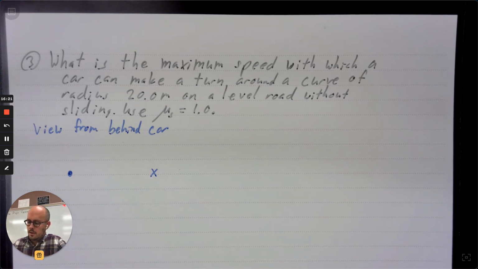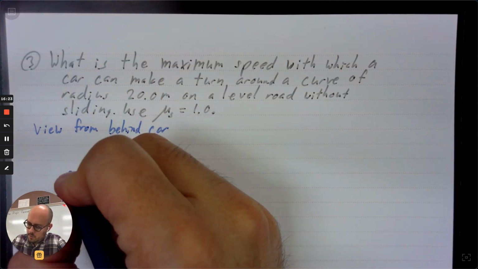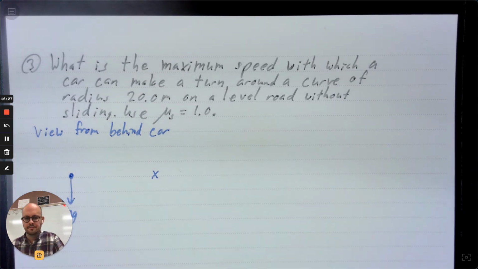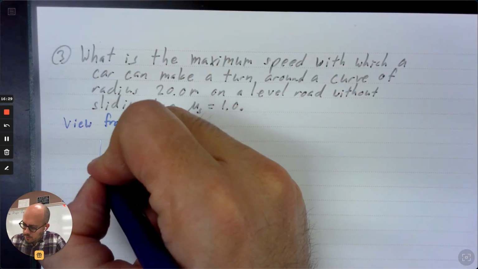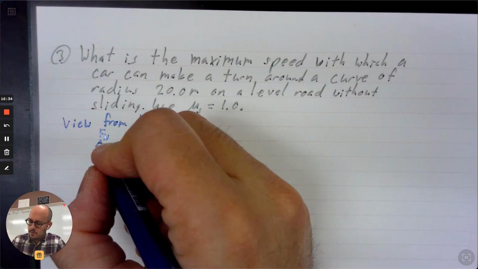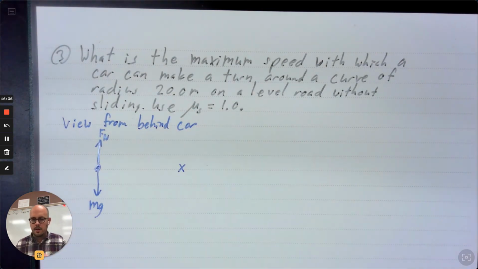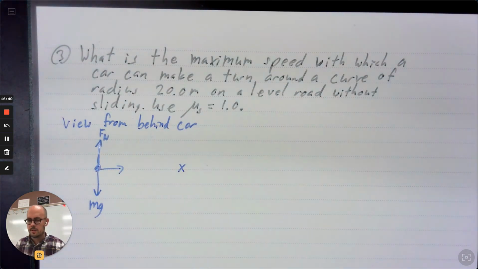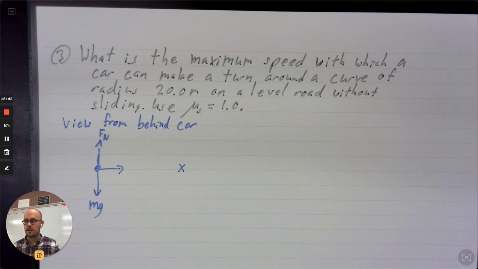So what happens when you take that view is you have the weight of the car, you have the normal force on the car, and those are in the vertical direction. Then the idea becomes there has to be a horizontal force that points this way. In order to drive a car, you have to maintain the force of static friction.